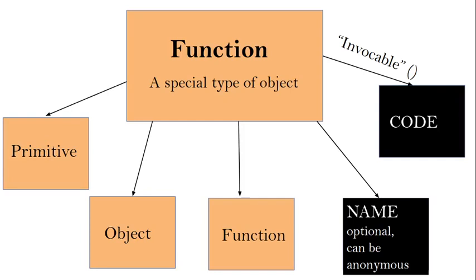It's imperative that you have this mental model of functions in your mind. As we go through the rest of this course, you have to think of the function as an object whose code just happens to be one of the properties of that object.